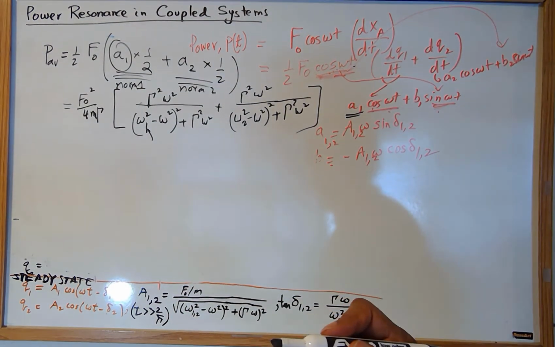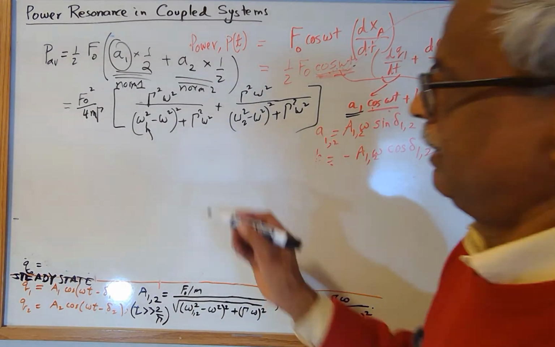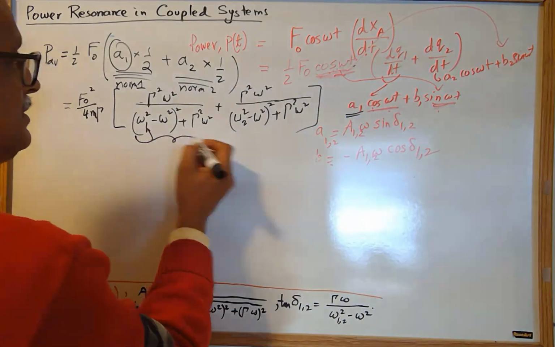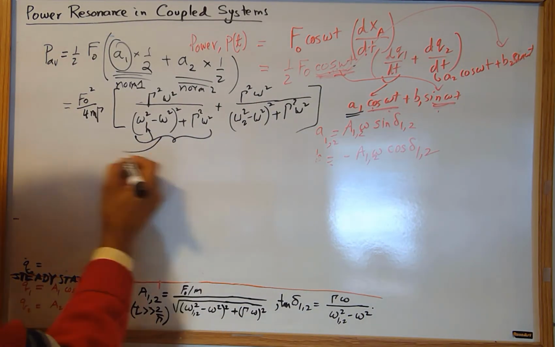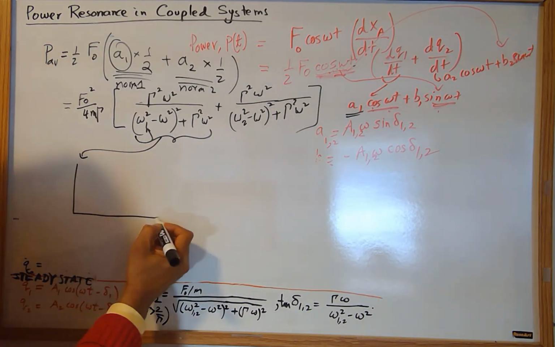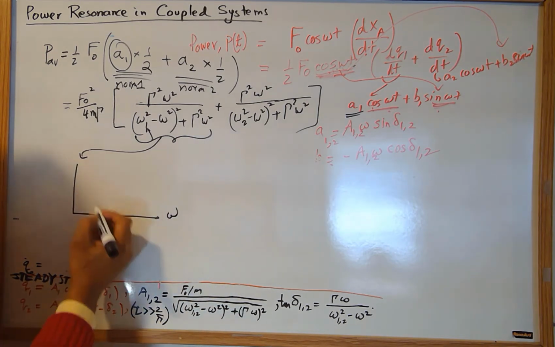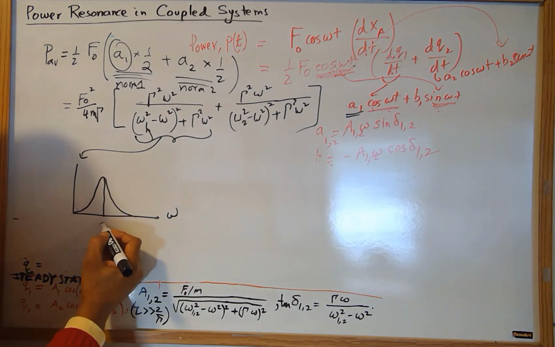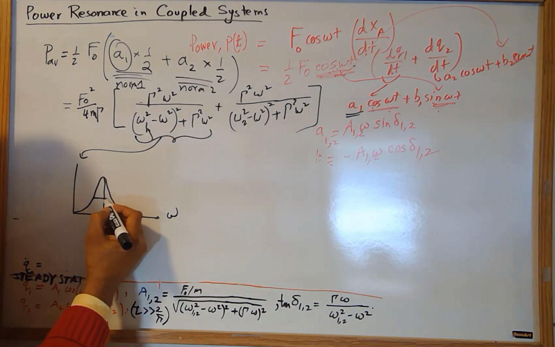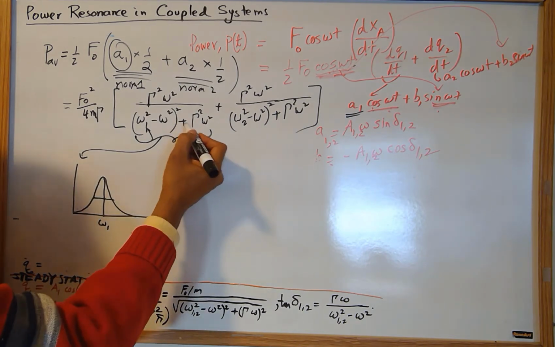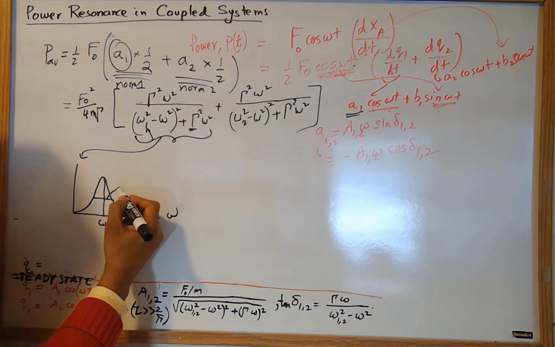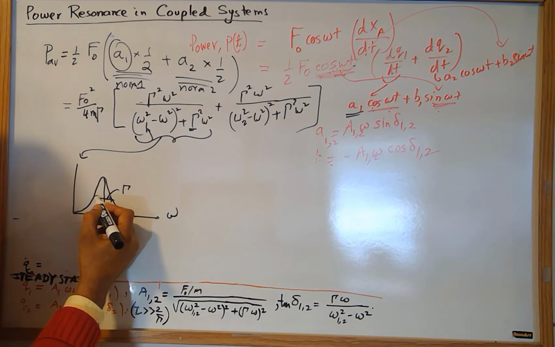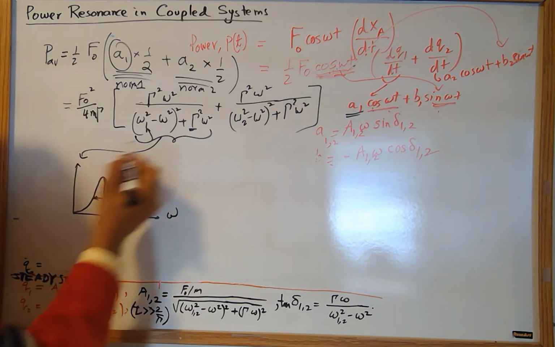We know that if you just plot this guy versus omega, then you have 0 and then a peak at omega 1, and the width is gamma. So the width is gamma, and this is the first term.